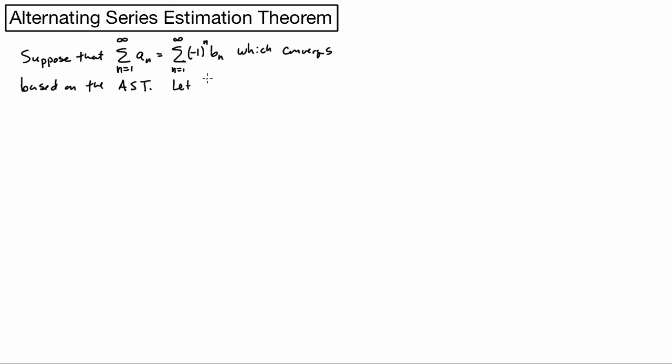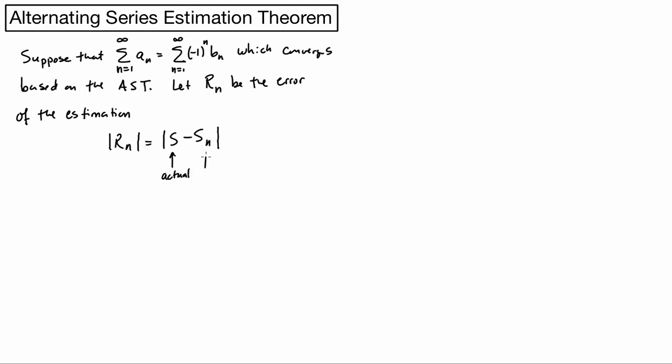I'm going to let Rn be the error of the estimation, S minus Sn. In other words, S is the actual value and Sn is our estimate.